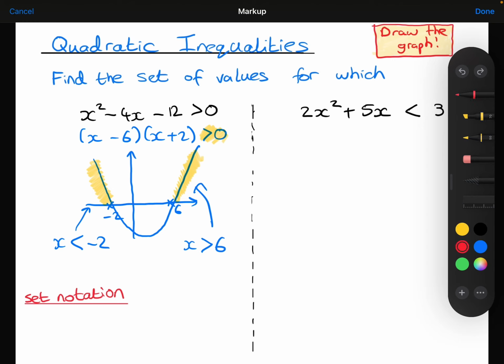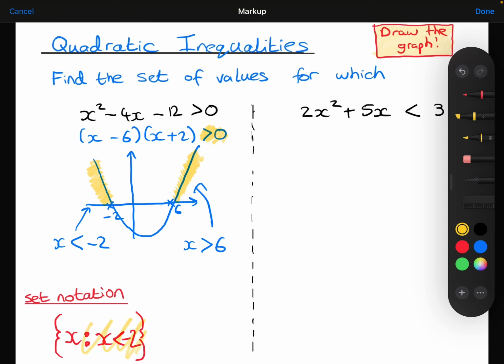Now, representing that in set notation, I can say the set of values, so my curly brackets. In fact, actually, let me draw it a little bit smaller. So this is the set of values of x such that x is less than -2.